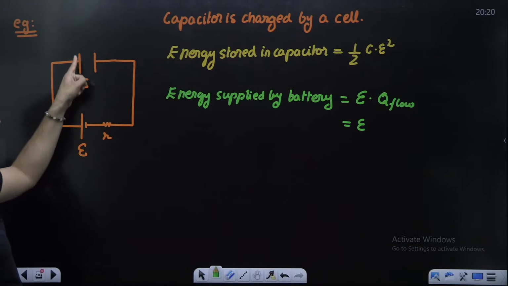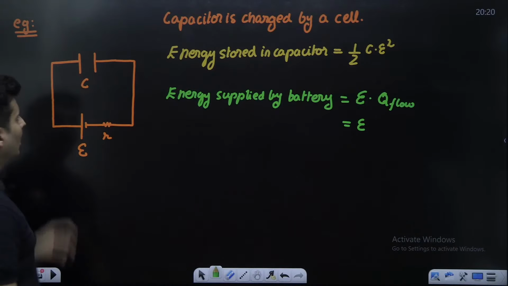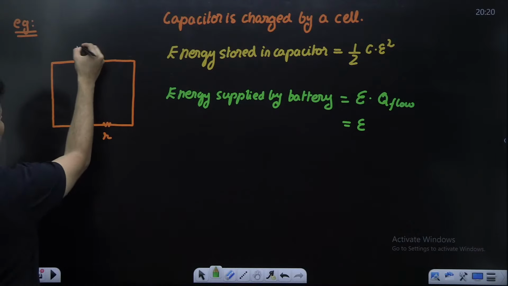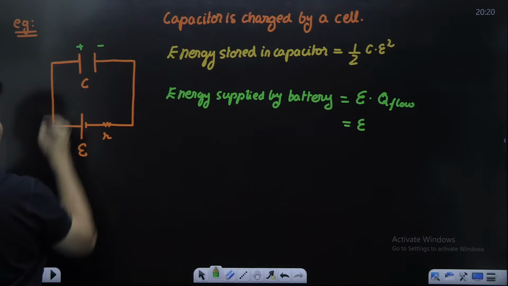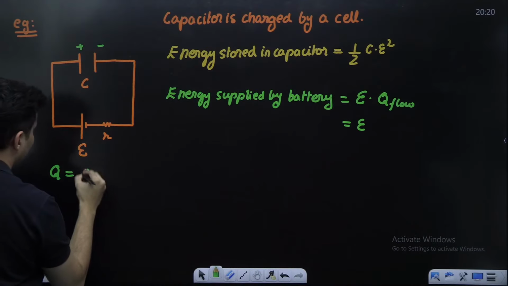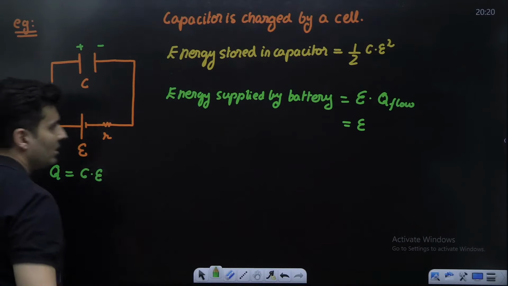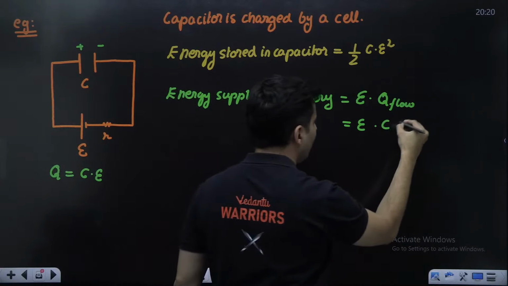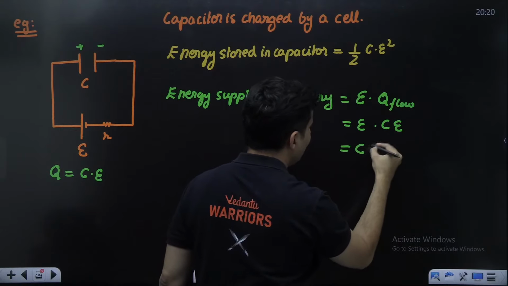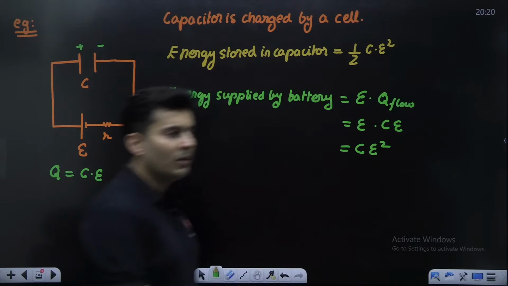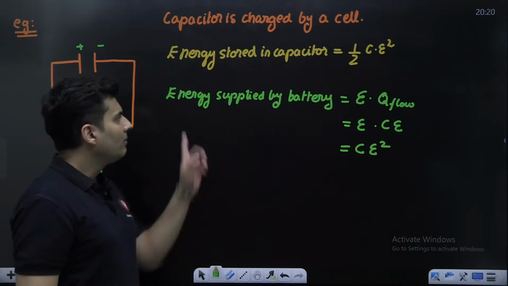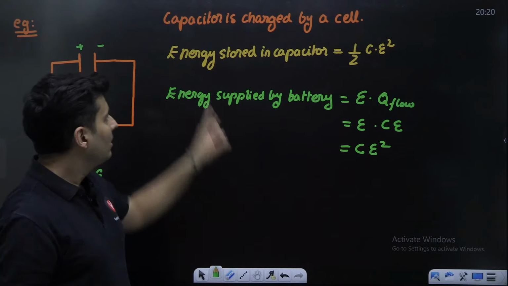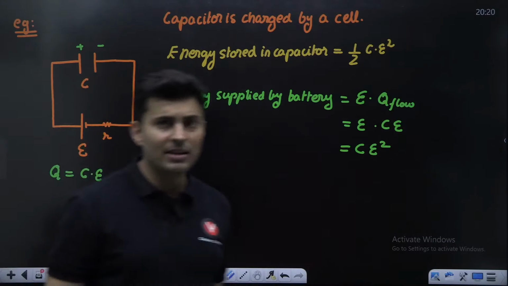It is the same charge which is stored on the capacitor. How much charge is stored on that capacitor? That charge which is stored on the capacitor is capacitance into voltage. So it is basically C into E. Hence it will be CE square. Now you should think carefully. Battery gave CE square, but capacitor stored half CE square.